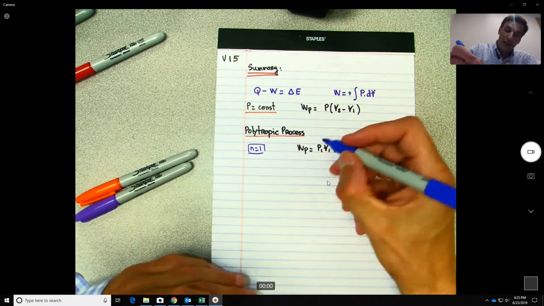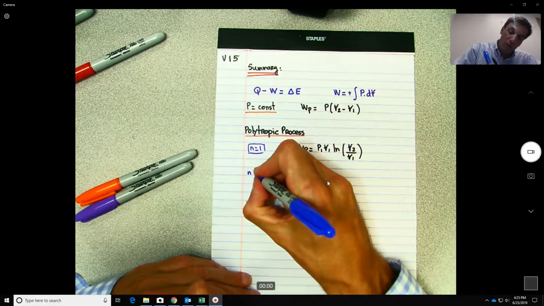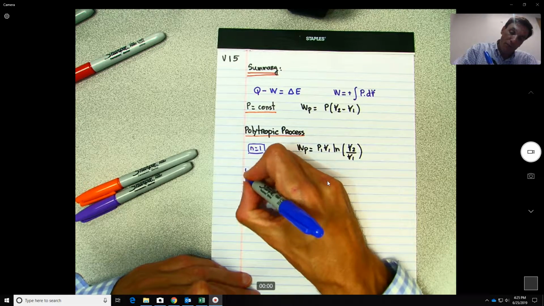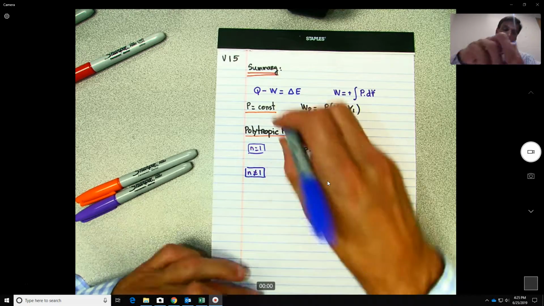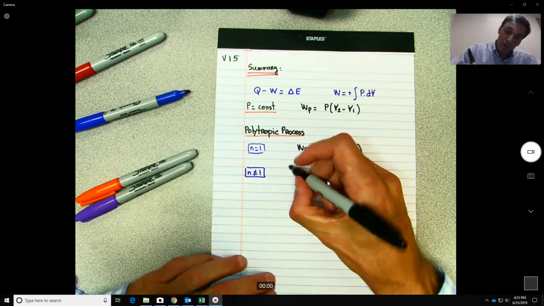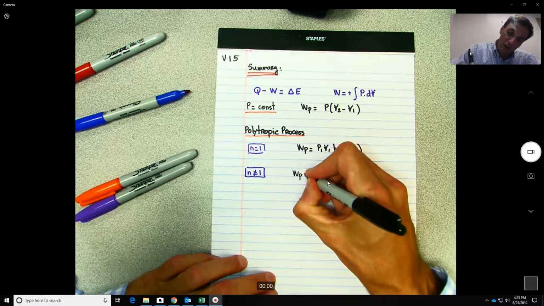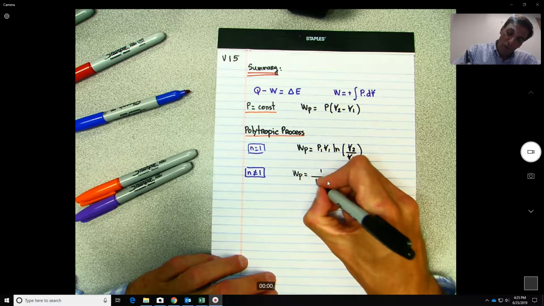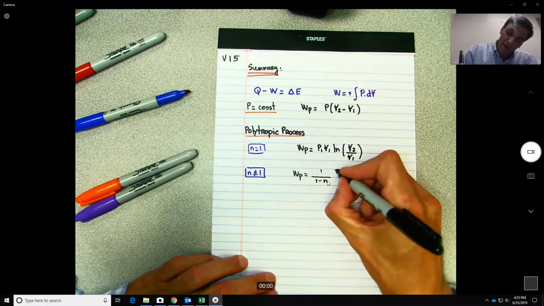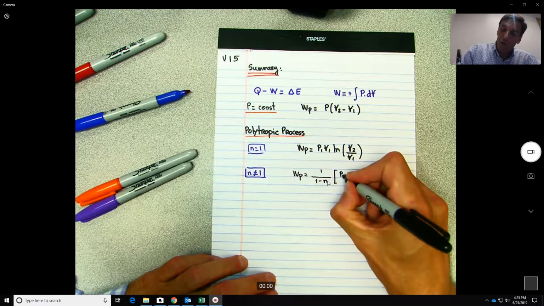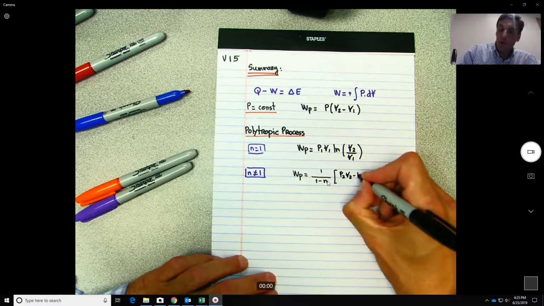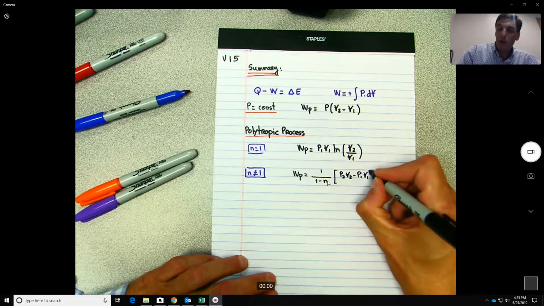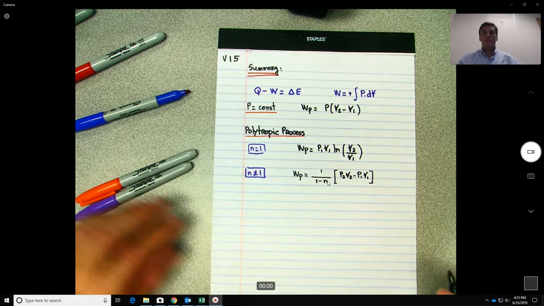And when n will be different than 1, positive integer, and different than 0, the work done by the pressure will be equal to 1 over (1 minus n) times (P2 V2 minus P1 V1).